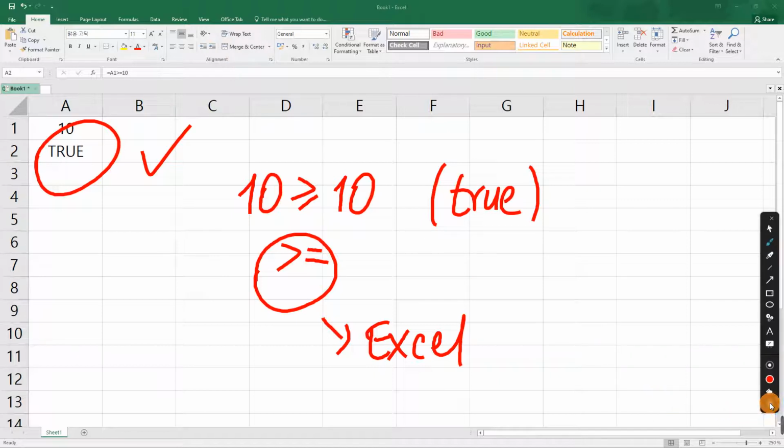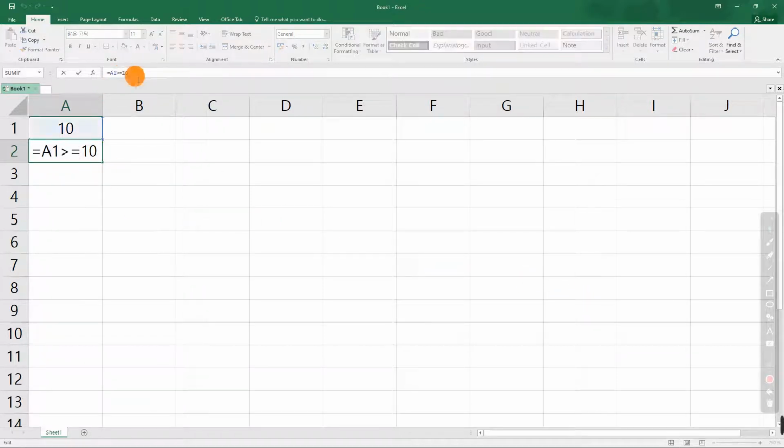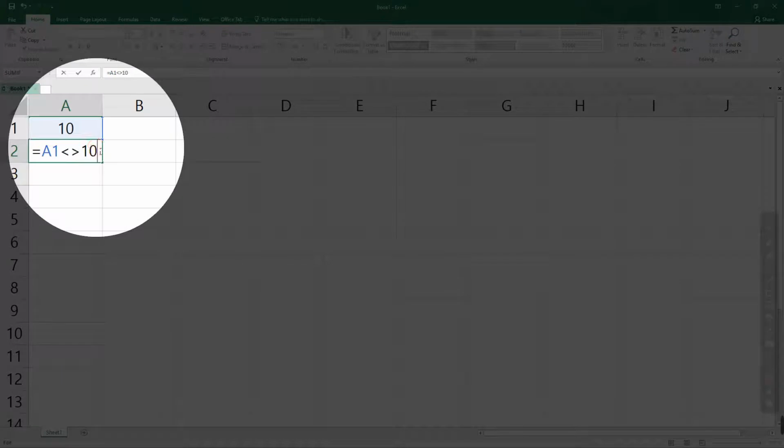So don't forget, we have many more logical statements. For example, another statement, let's say I'll use here not equal. I need to use this one and this one, okay? It means not equal. Okay, enter.